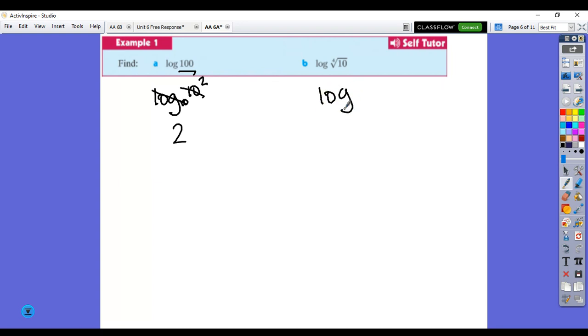The key is to always rewrite this number as a power of 10. So I know this is log base 10. How do I rewrite the fourth root of 10? That's 10 to the 1/4. Since the base of the log is 10 and this is 10 to the 1/4, the base 10s cancel and 1/4 is my answer.